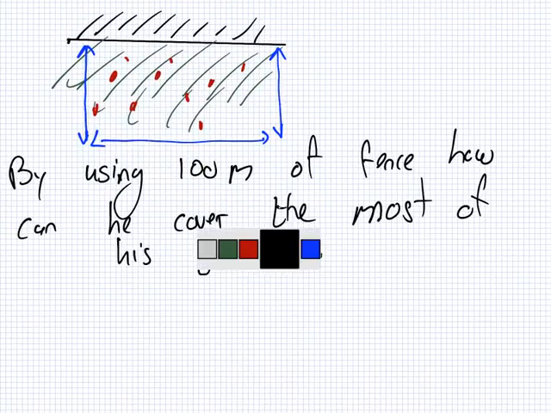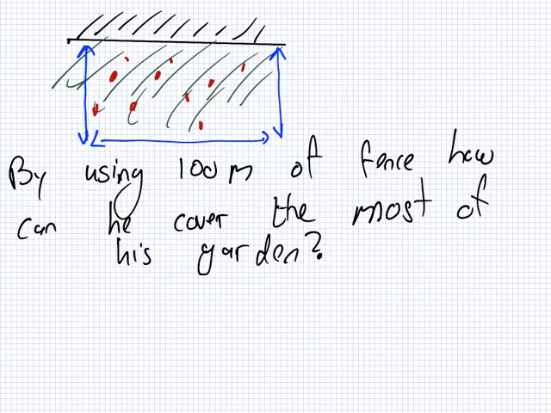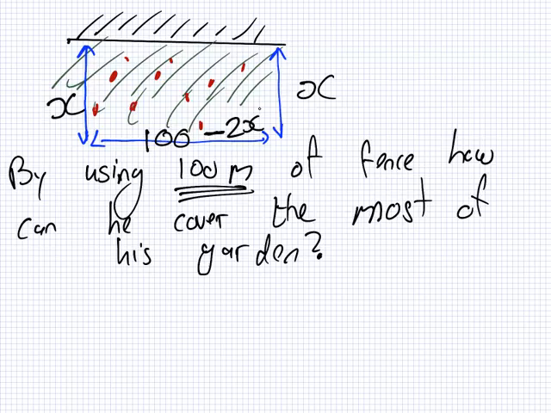Before I continue, do you understand the problem he faces? He's trying to make a fence as big as possible around his garden, and he only has 100 meters of fence. Let's call this side here x. How big would this side be? x. And how big would this side be? 100 minus 2x, because it's 100 in total.